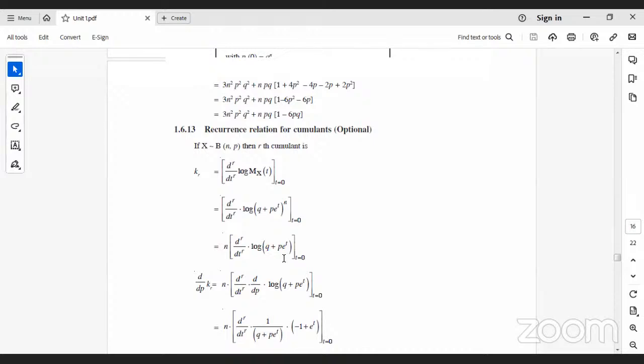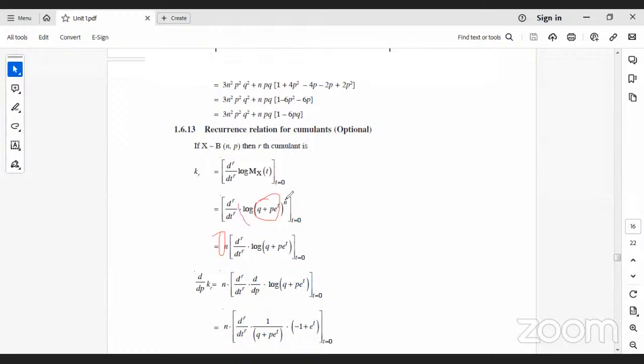So for X following b(n, p), the cumulant is k r, d power r by dt power r of log M x(t) at t equal to 0. You know that log M x(t) is equal to n log (q plus p e power t). Log q plus p e power t, n is common here. Why have we taken it here, tell me? Where, just a minute. d power r by dt power r of log (q plus p e power t).